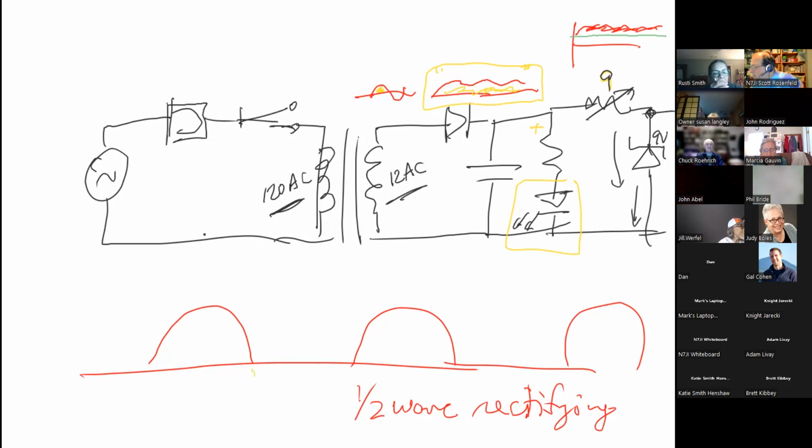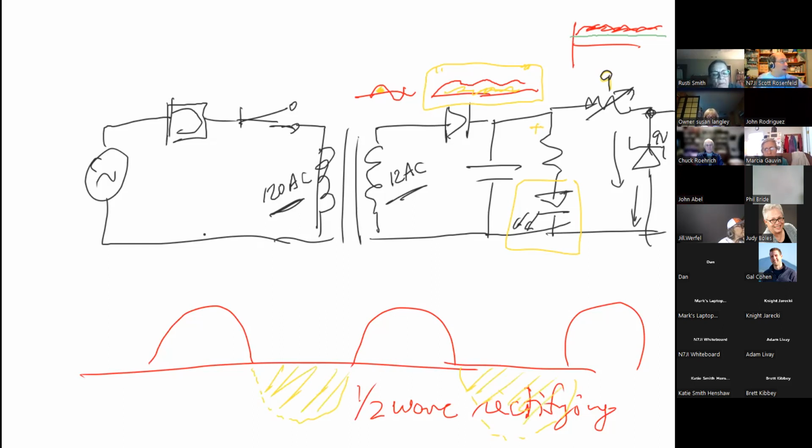What happened to all this down here? Where did that go? Heat? Yeah, we just turned it off. We said, we're not going to use it. So a half-wave rectifying power supply is not all that efficient, but it's very, very simple.